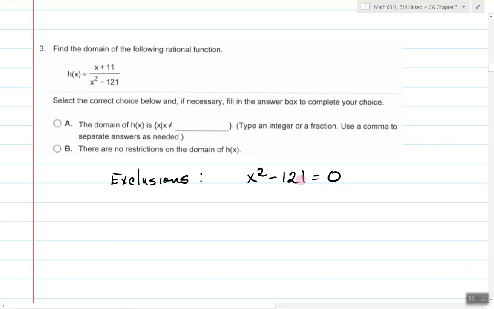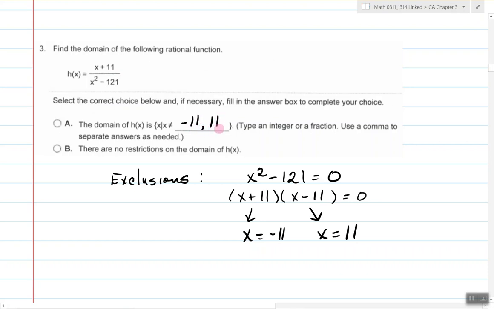Well, this is the difference of squares, so I will factor it into x plus 11 times x minus 11. Using the 0 factor property and skipping a few steps, we can see that x is -11 or x is positive 11, and those are the exclusions. X cannot be -11, x cannot be positive 11. My math lab wants these exclusions separated by commas.